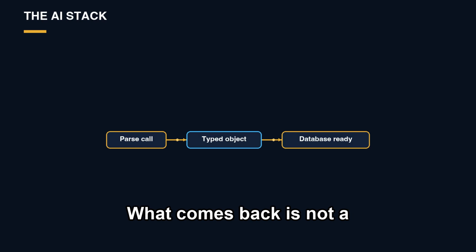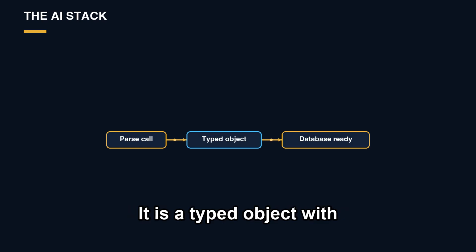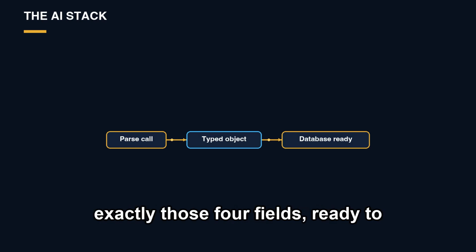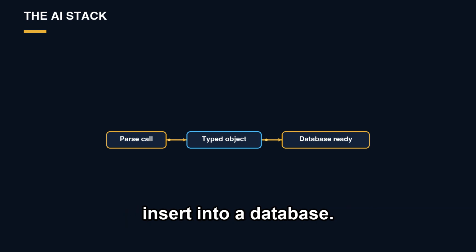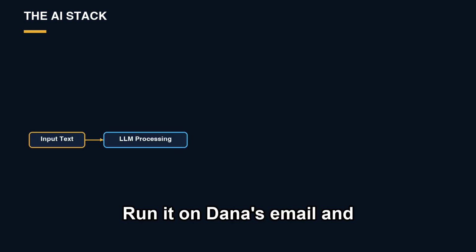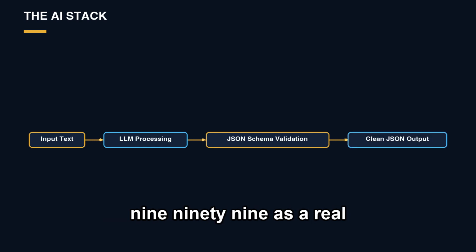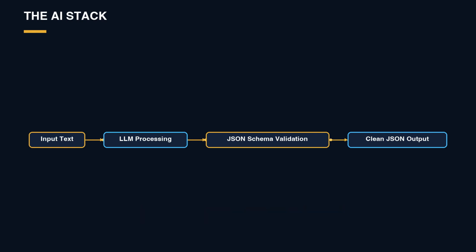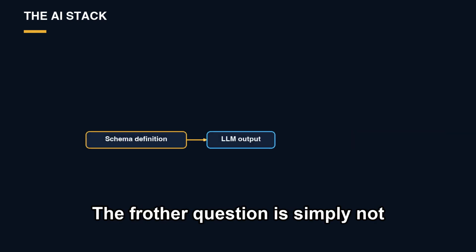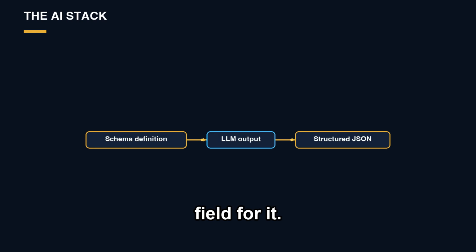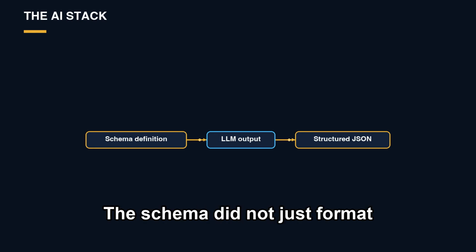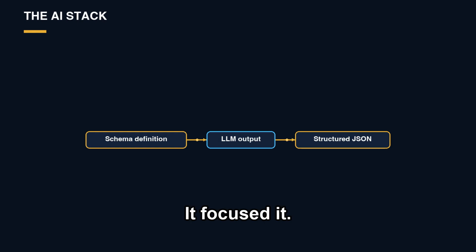What comes back is not a string you hope is right. It is a typed object with exactly those 4 fields ready to insert into a database. Run it on Dana's email and you get order A58291, amount $249.99 as a real number, reason too loud. The frother question is simply not extracted because the schema has no field for it. The schema did not just format the output, it focused it.